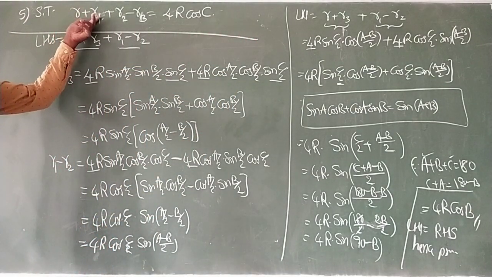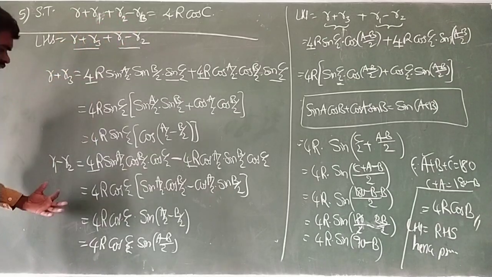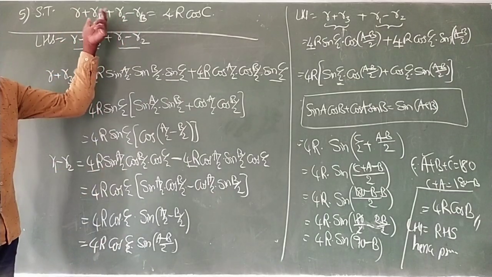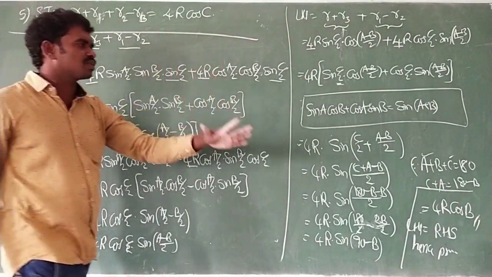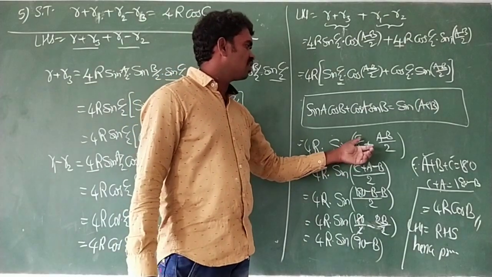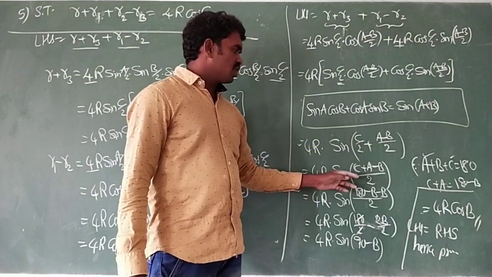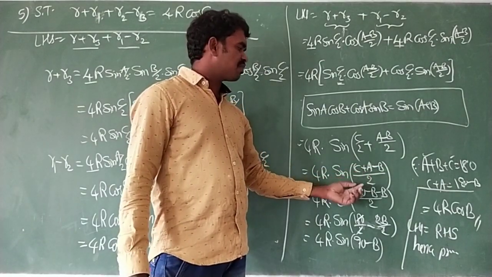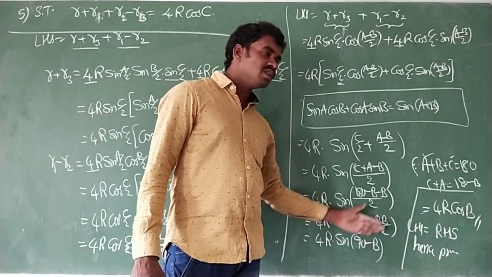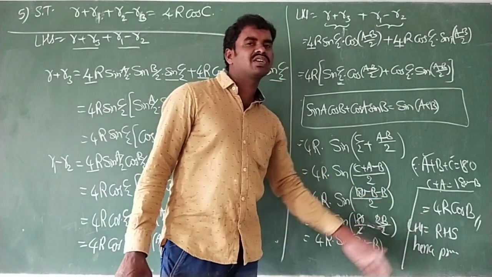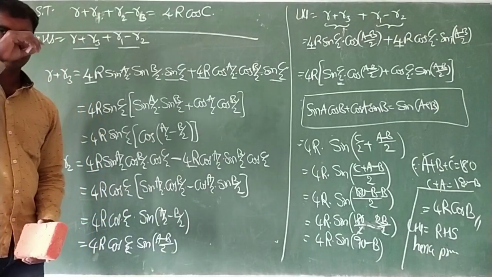First take the R plus R1 value like this and simplify, and R2 minus R3 like this, simplify, and substitute in this like that and simplify. You will get 4R cos. Same problem, same angle. You will get 4R sin of some minus C by 2. So A plus B minus C by 2 you get. A plus B means 180 minus C, 180 minus C minus C, 180 by 2 minus 2C by 2. Same steps. Instead of B you get C. Okay. Shall we go to the next problem?